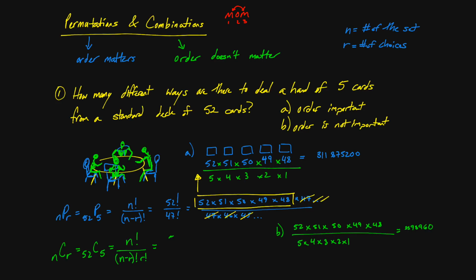So it's going to be 52 factorial over 47 factorial multiplied by 5 factorial. Again, these formulas are in your calculator, but you should understand how they are written and how the n here again refers to the number in the set and r is the number of choices.